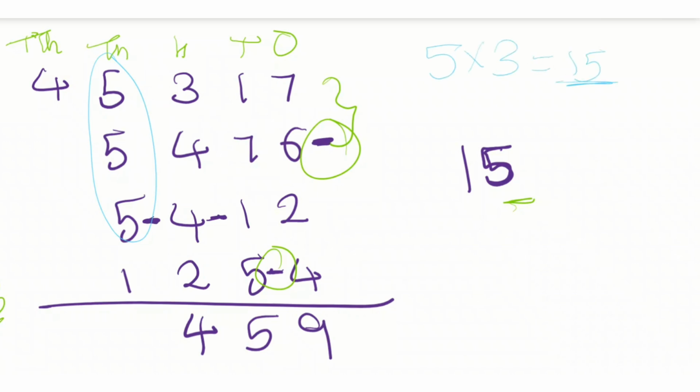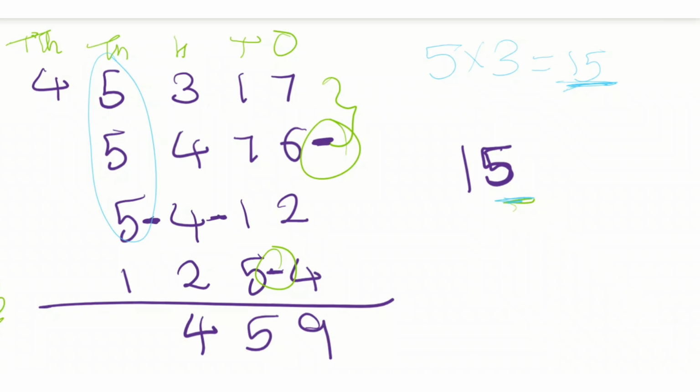So that's what I took, and the last 5 gives us 15. So I put a dash. Now the positioning of the dash might be a little different if you go 5 plus 5 and then plus 5. But that's okay. As long as we have the correct number of dashes or carry forward, it's all right.